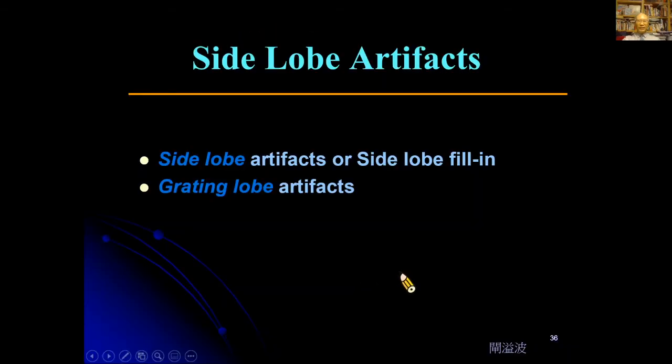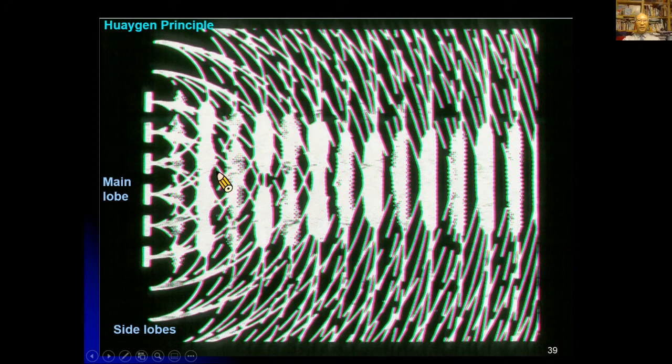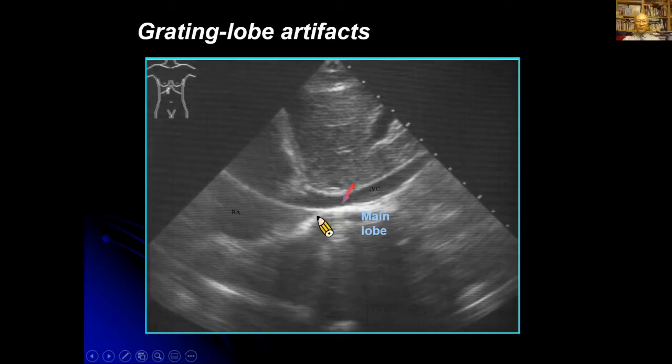Side lobe artifact is because of energy from the side lobe. The main lobe is the sound beam we use for sonography study, but the side lobe signals can also be detected.